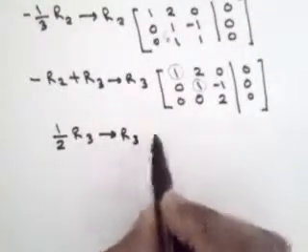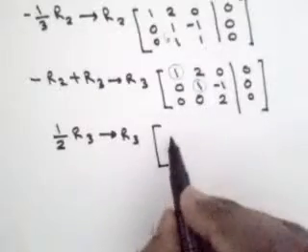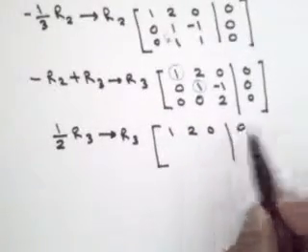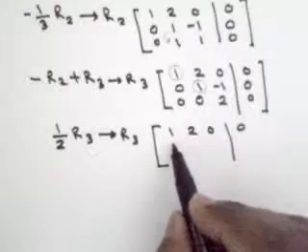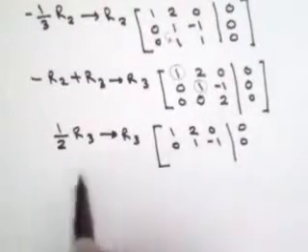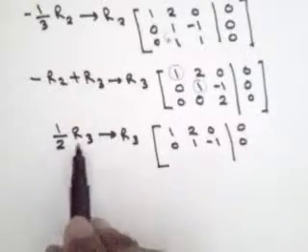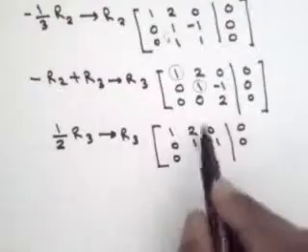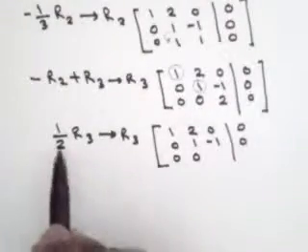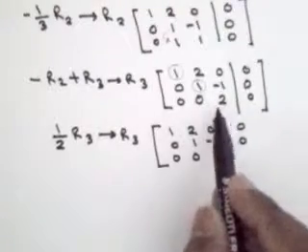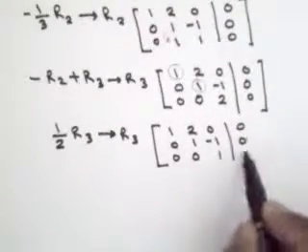Here we are not working with the first row, so it will be the same. We are not working with the second row, so it will also be the same. We are working with the third row, so 1 by 2 into 0 should be 0. 1 by 2 into 0 should be 0. So 1 by 2 into 2 becomes 1.